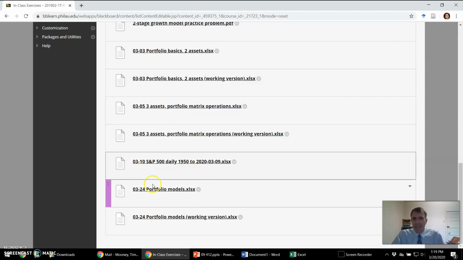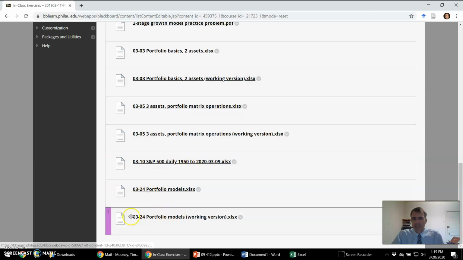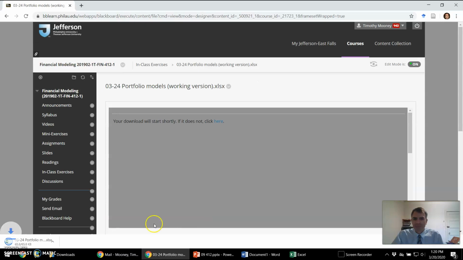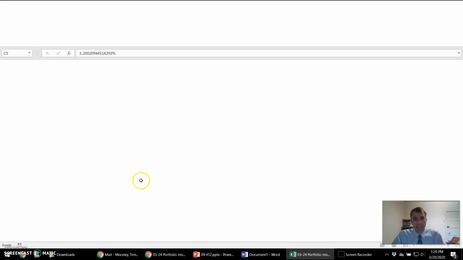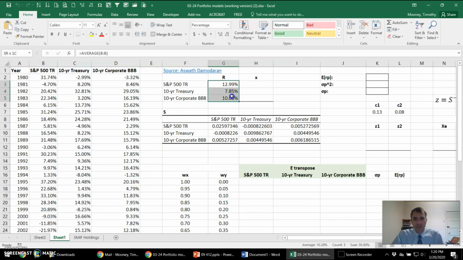So under in-class exercises, we're going to work on this portfolio models working version spreadsheet. In the previous video, we built the R matrix of historical average returns. We built the variance covariance matrix S using the Data Analysis ToolPak, which was great.